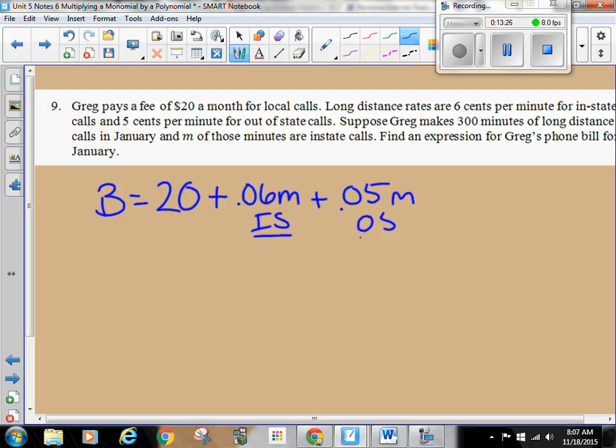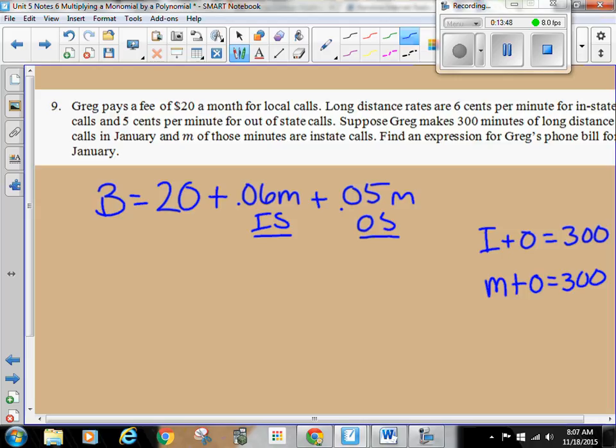But these two, in-state and out-of-state, are a little bit different, so we need to decipher that. It says, suppose Greg makes 300 minutes of long-distance calls in January. So that's in-state plus out-of-state equals 300. And M of those minutes are in-state calls.